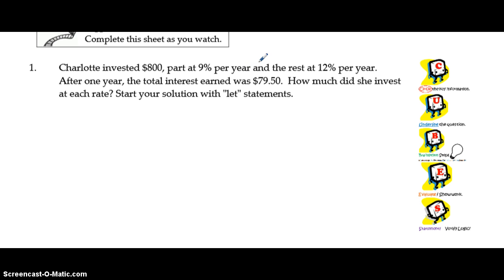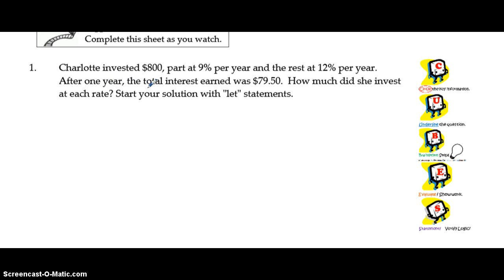That means she has one batch of money that she puts into one investment and that will earn 9% interest. And then she has another batch of money that she will put into a different investment which will earn 12% per year. So these are your two different quantities and they are going to combine together.